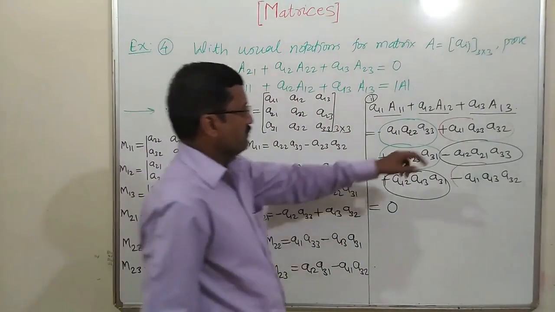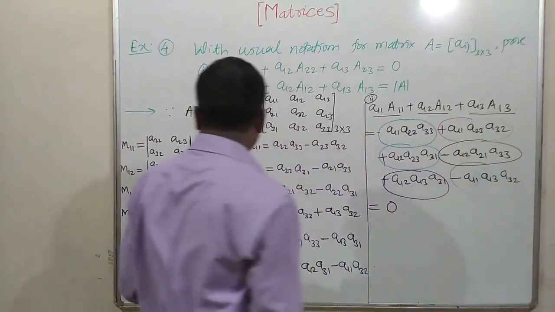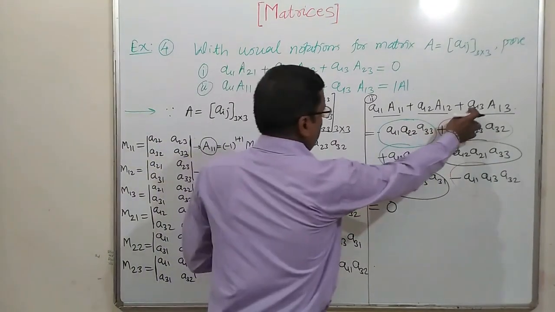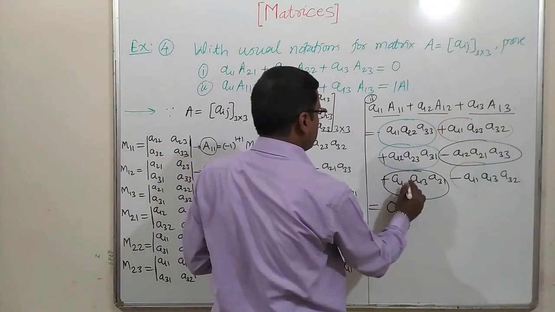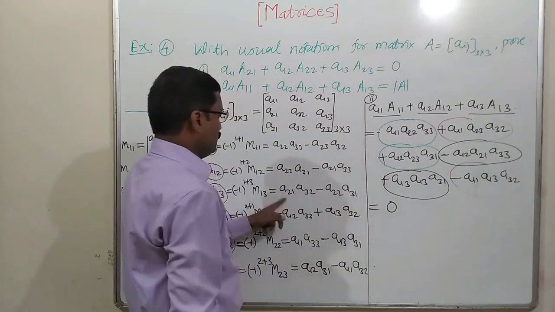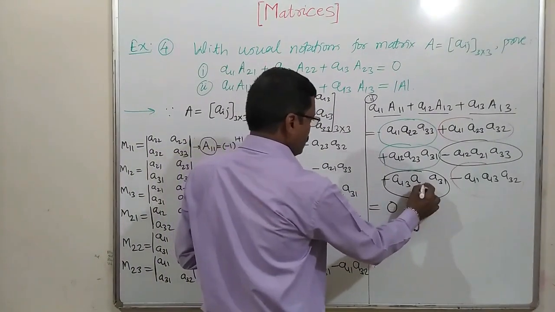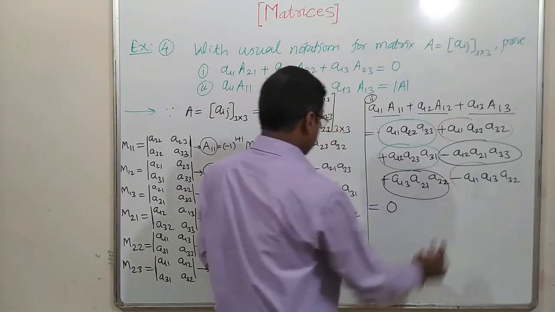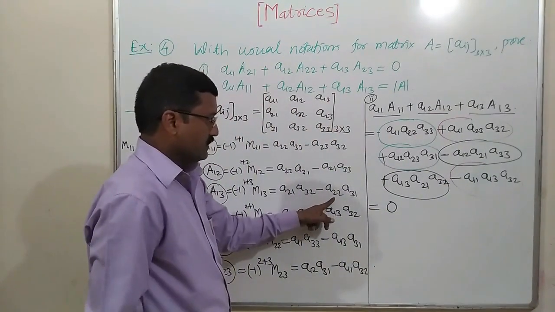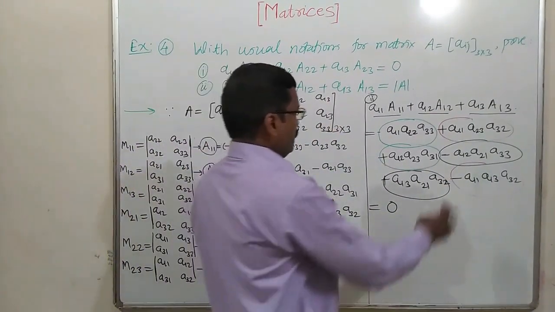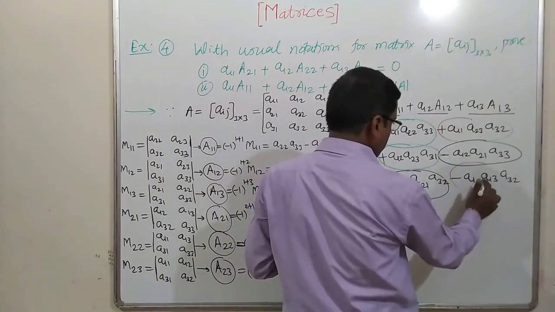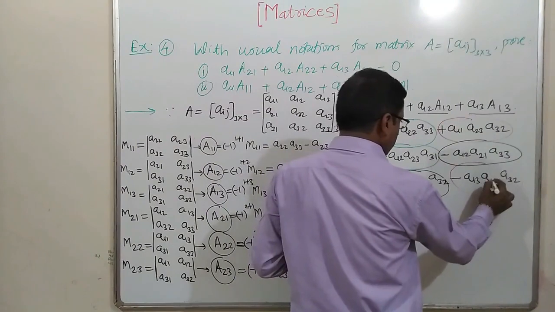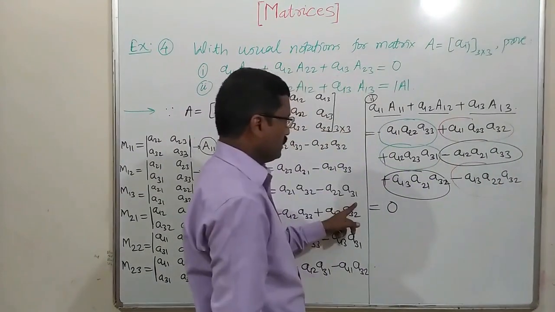In the third multiplication, we need A13. A13 is here. It is a21, a32. So multiplying by a13 with a21 and a32. Second term is a13, a22 and a31.